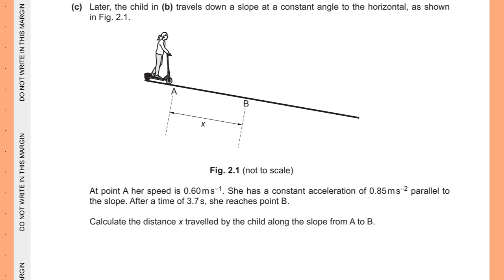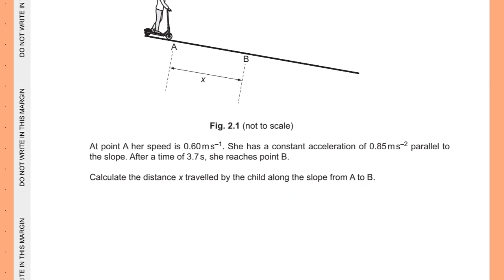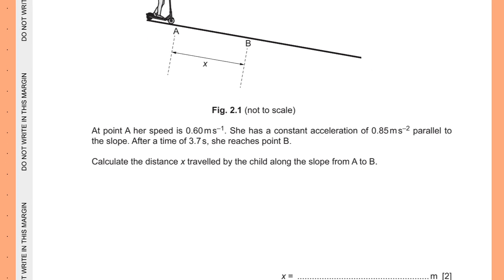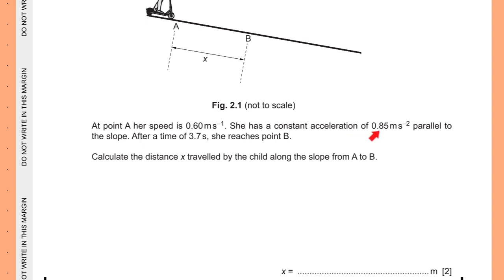So I think it's obvious here that you'll have to do this using equations of motion. And the biggest hint you could get is this: a constant acceleration, which is actually a prerequisite for using equations of motion. So I know that initial speed u is 0.6. I know acceleration is 0.85, right? And the time is 3.7.